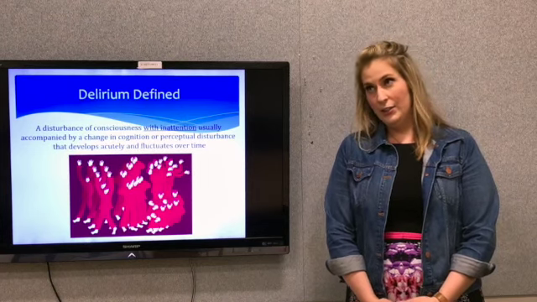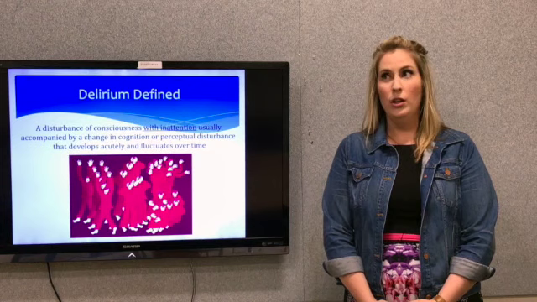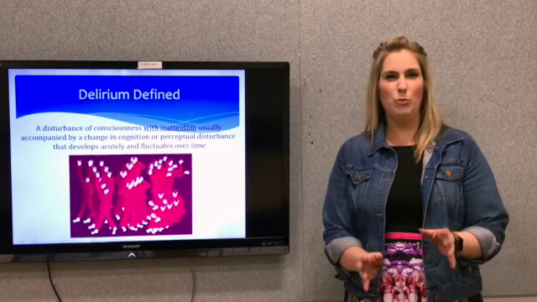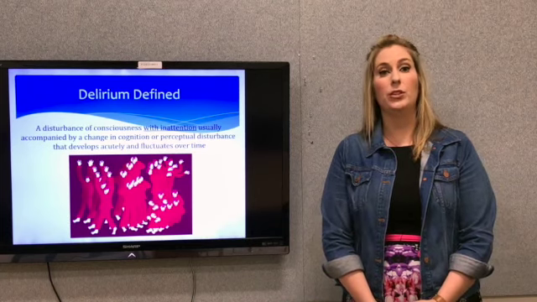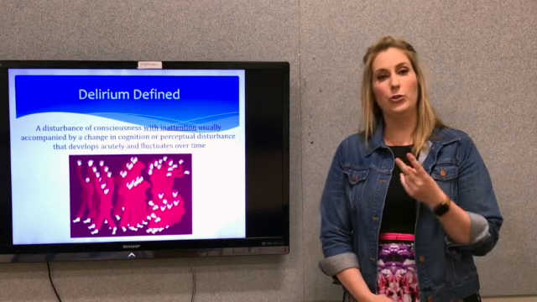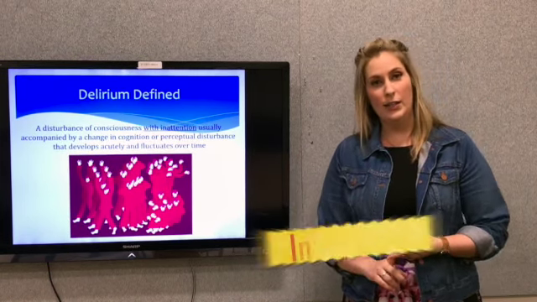Delirium defined is a disturbance of consciousness with inattention, usually accompanied by a change in cognition or perceptual disturbance that develops acutely and fluctuates over time. That being said, there are two cardinal things in what I just read. One is inattention.